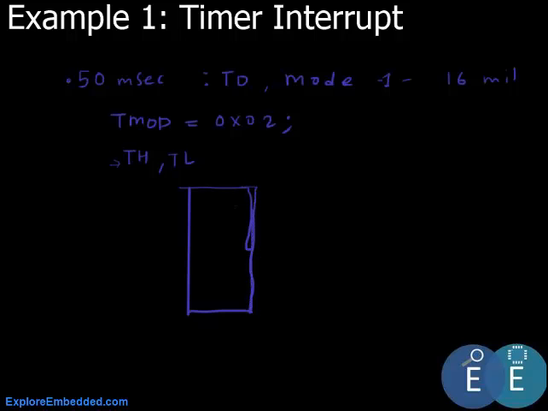What we have done for the timer example is we have connected a couple of LEDs to port 3, pins 3.6 and 3.7.